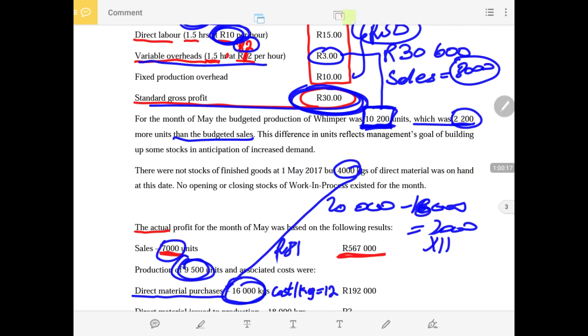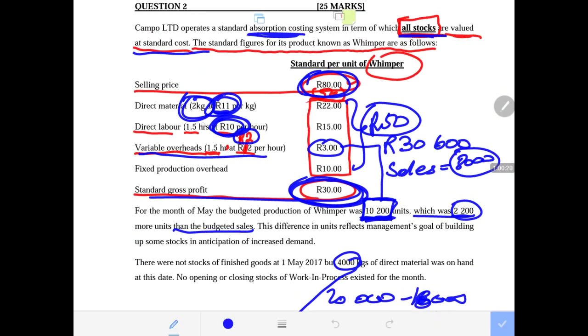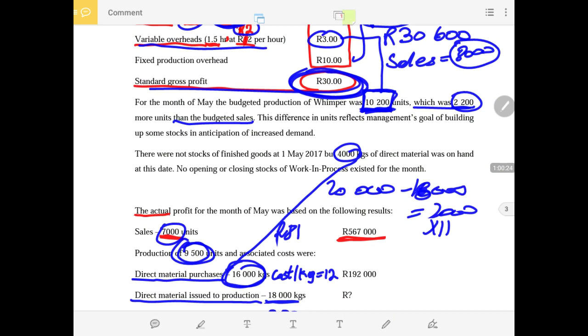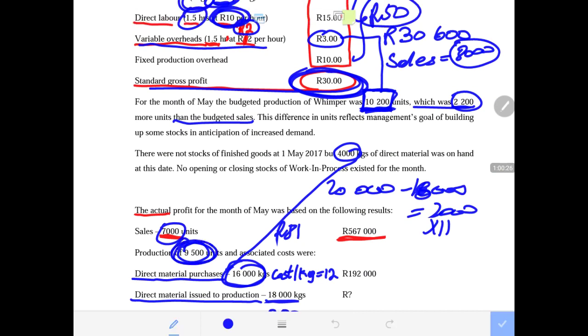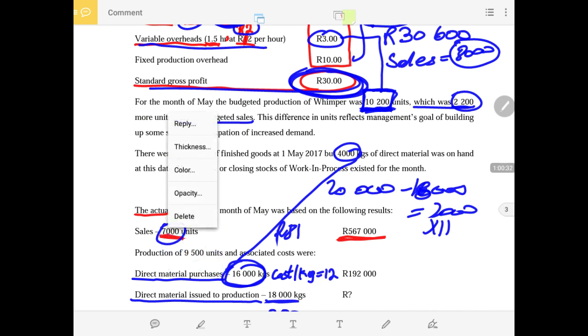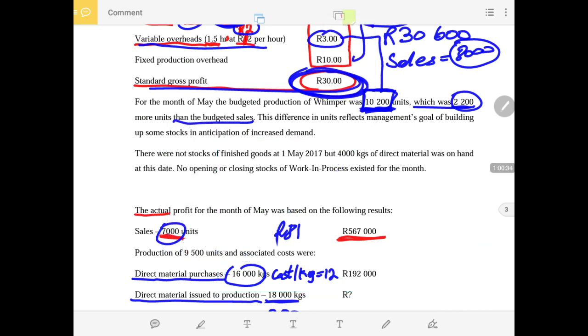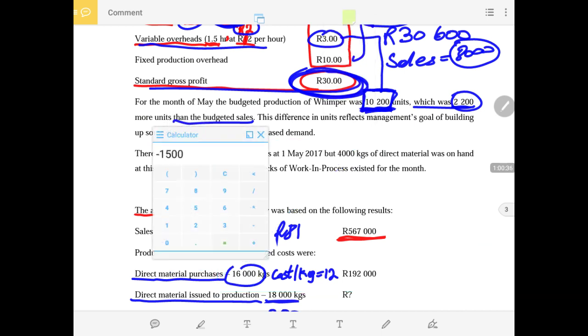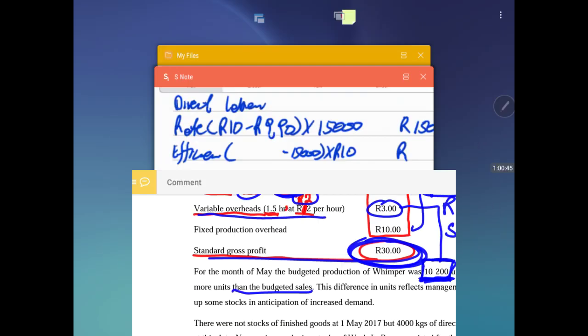My standard hours will be the standard hours per unit of 1.5 times the actual production, actual production being 9,500 units, the units that were actually produced. Then I multiply 9,500 by 1.5, I get 14,250 hours.